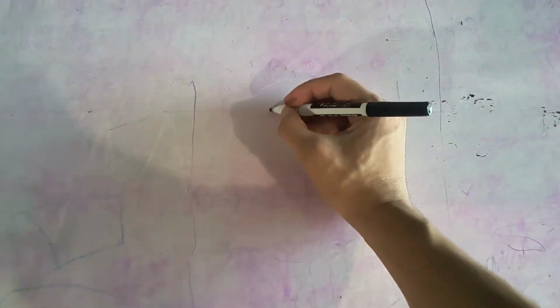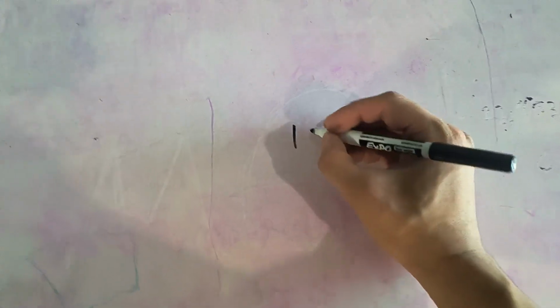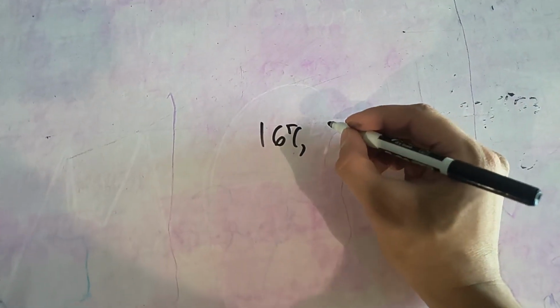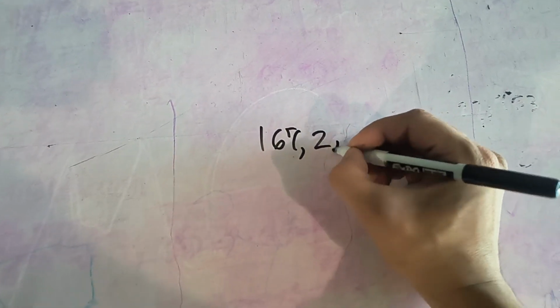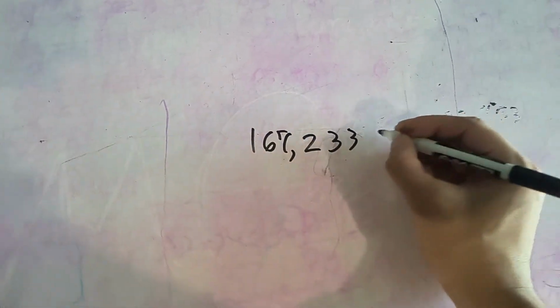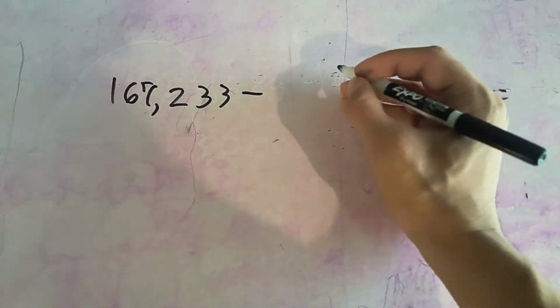Okay, let's say we have the problem 167,233 minus 75,545. Oops, I keep putting commas.